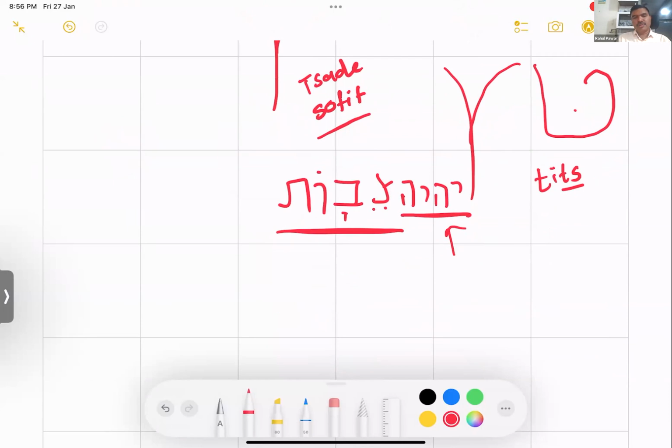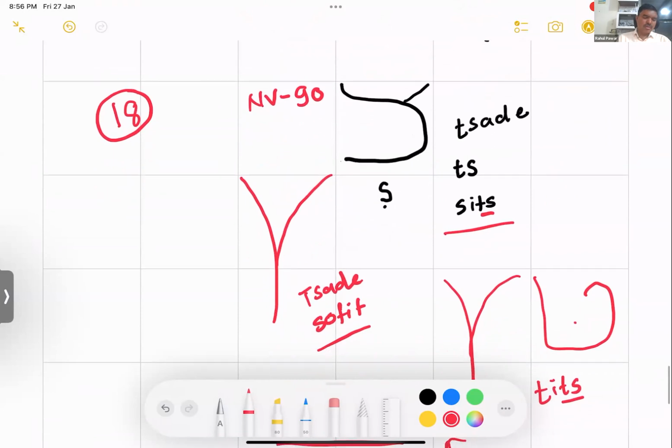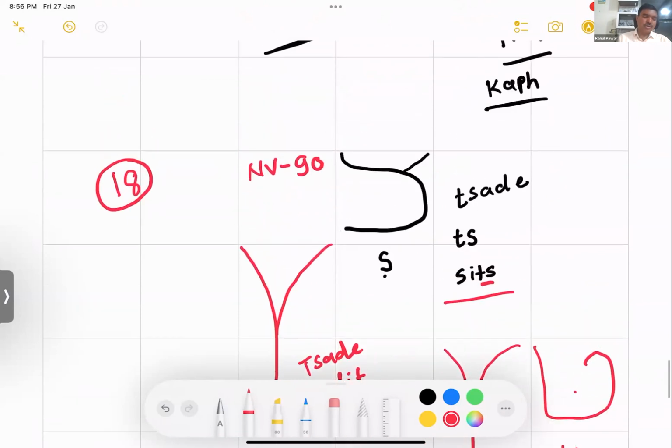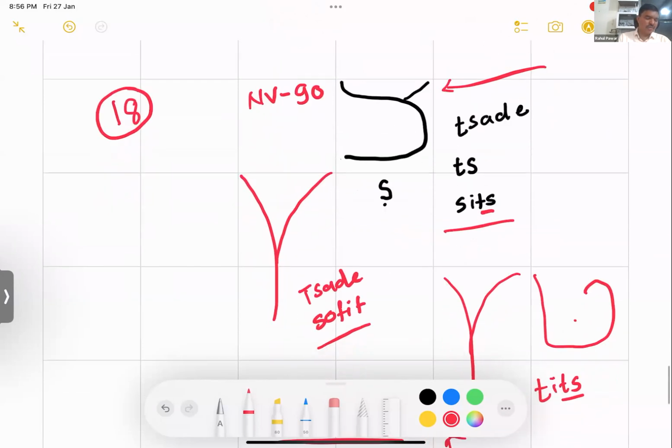Tsade that you wrote in, don't get confused. See here, this is the consonant Tsade. This which you have to write, Tsade, and this is Tsade Sofit. Here, Tsade Sofit is like an English Y shape.